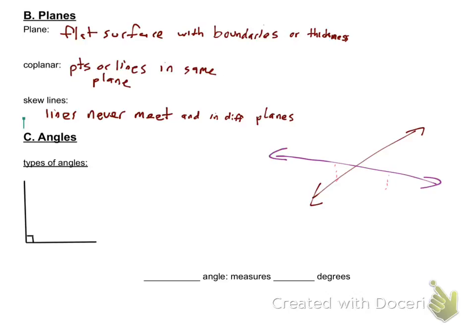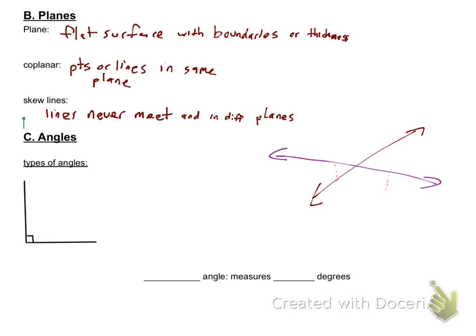It's very hard to show in 2D. But basically the brown line is kind of hovering above. So if you take your arms and hold them at different levels, at different angles, like that, yeah, look at him up front. His arms are crossing, but yet they're not touching, so they're not intersecting. That's skew. Okay.